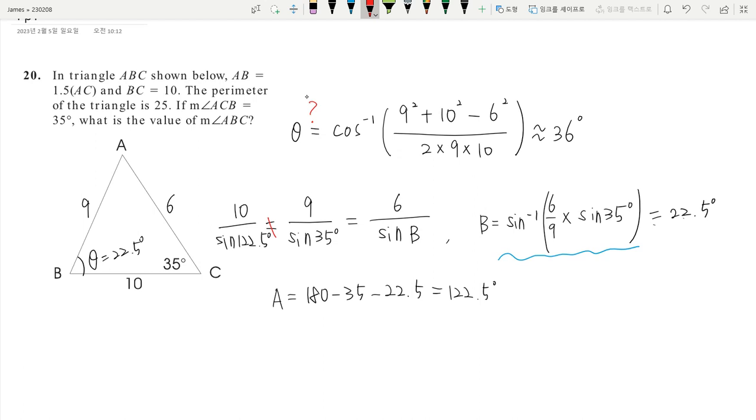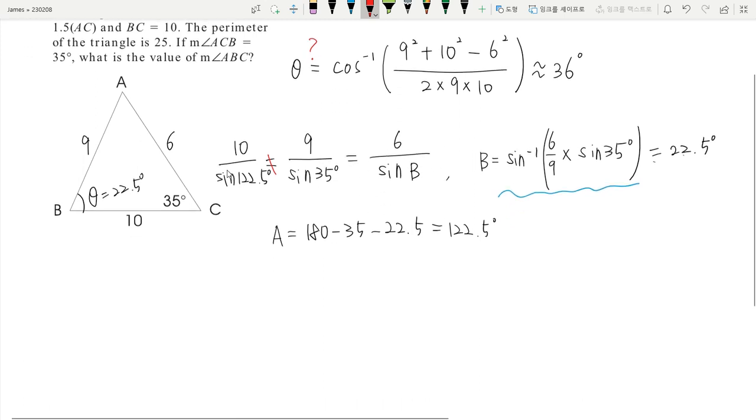So actually the correct angle of C is, if we use the law of cosines, the correct angle of B is actually 36 degrees. And for the correct angle C, we can also use, once again, the law of cosines. Let's see.